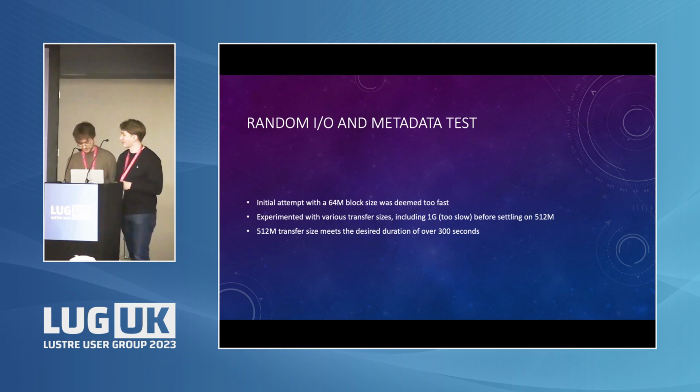And then we ran a random IO MD test. You can read it on the screen, but there was an initial block size that was too fast. So they experimented and found ones that were way too slow and ones that were not better.